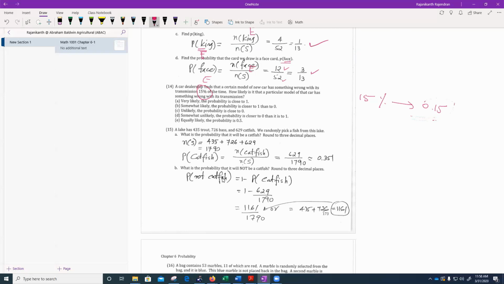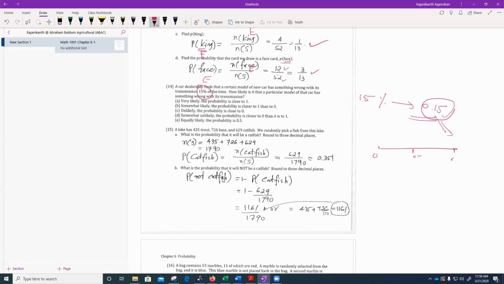So now you have to think about this number. Is this very close to 1 or is this close to 0? What do you think? Is it close to 1? 0 is here, 1 is here. The central point is half, 0.5.